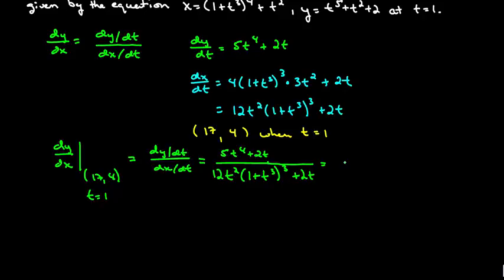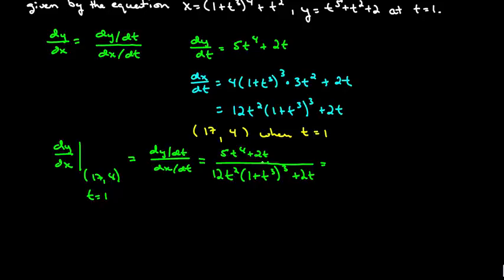Now this is dy/dx, and we have it in terms of t. We know that when t is 1, we have the point (17, 4). So we're going to go ahead and compute that.